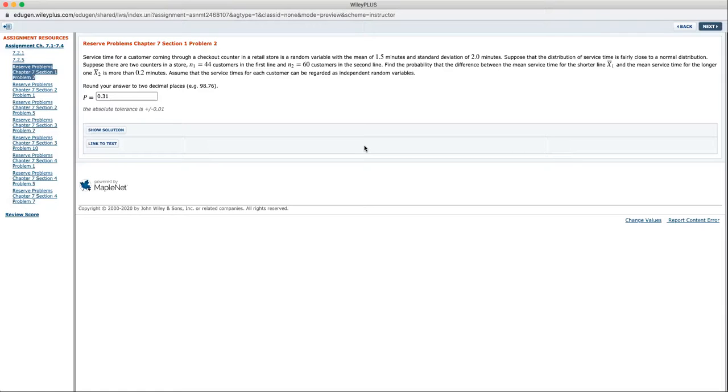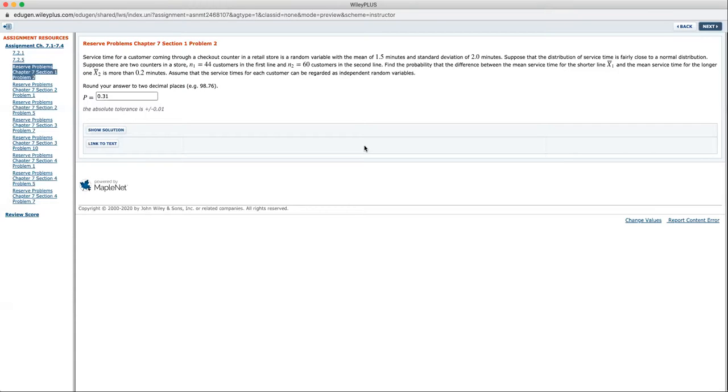So they're talking about the difference between two sample means, right? Assume that the service time for each customer can be regarded as independent random variables. So two samples are given, and the random variables in each sample are independent.